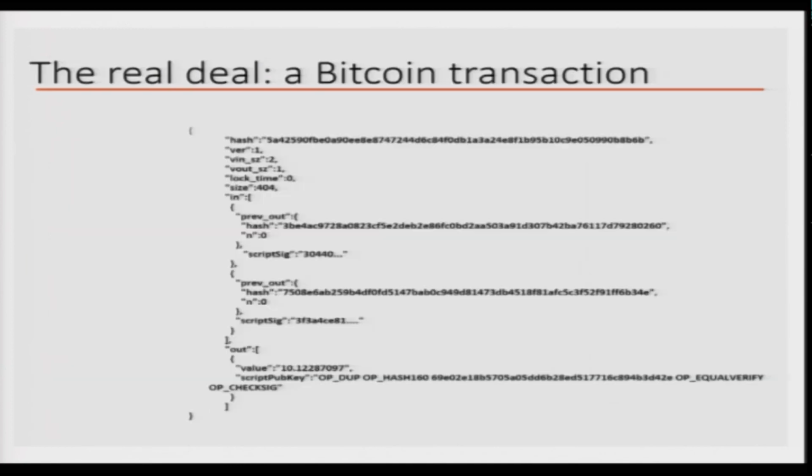Now, we gave you the schematics of what the transactions look like, but in reality this is what happens. This is the structure of a transaction, and if you go into some real browser, this blockchain.info for example, and browse transactions, you will see things like this.